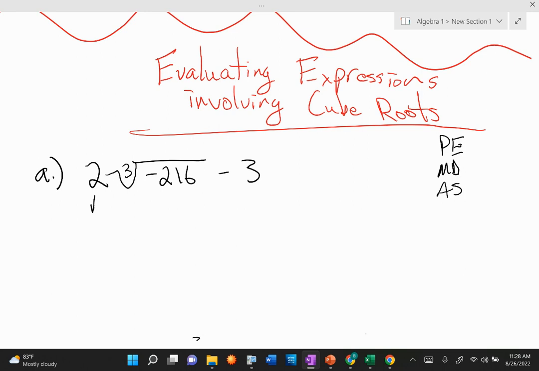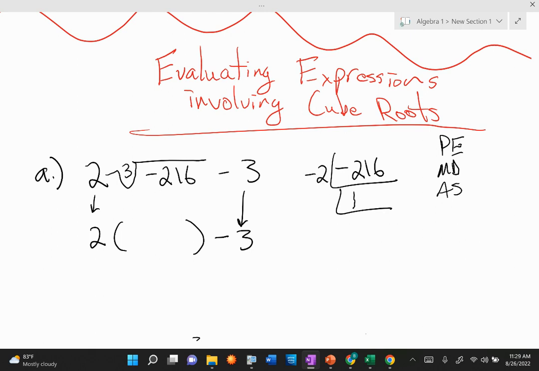So I'm going to bring these down, and in place of the radical, I'm going to put parentheses. Then out to the side, I need to do my prime factorization for negative 216. Somebody walk us through that. What can we divide negative 216 by? We'll do negative 2. That'll give us 108. What can we divide 108 by?